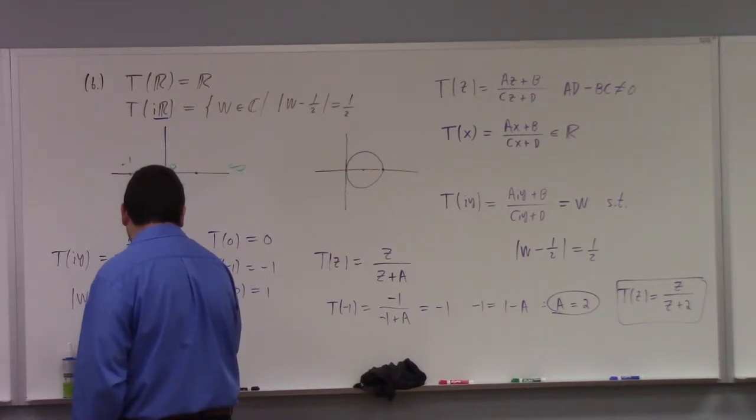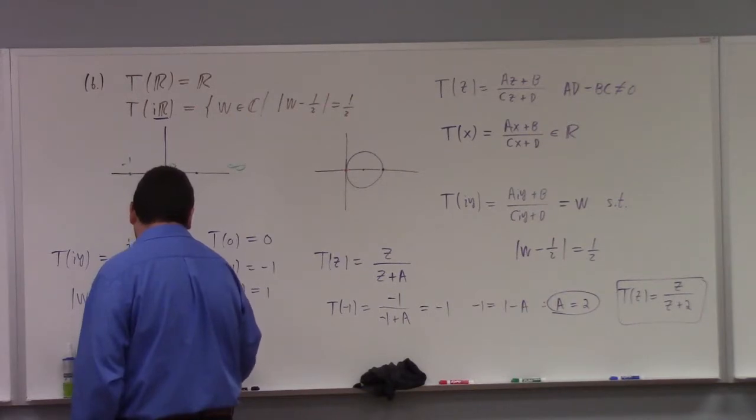y squared plus 2iy over 4 plus y squared minus 1 half.